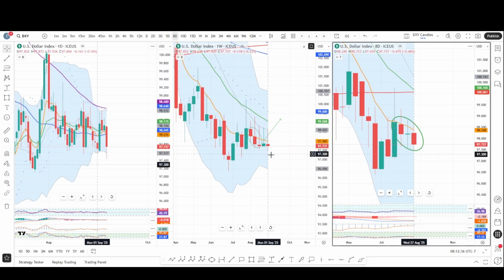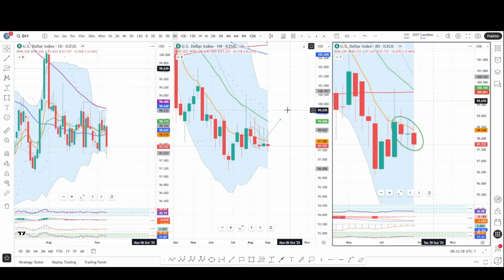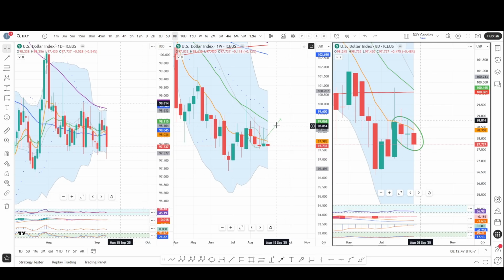So the chances for a move higher here are significant, even though we might see a quick touch on the lower low before we are seeing a move higher.